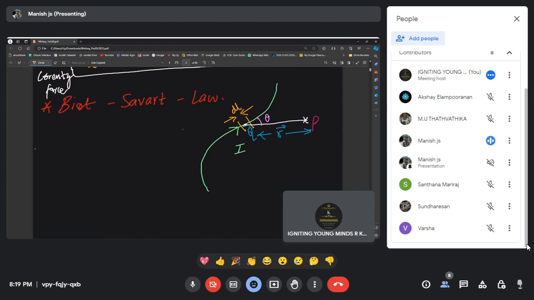According to this Biot-Savart law, the magnetic field produced at point P will be due to the small element, so that is represented as dB. So dB is the small magnetic field, because we are only considering a small portion. Therefore, the magnetic field due to the small portion will also be small, and hence we say it as dB.